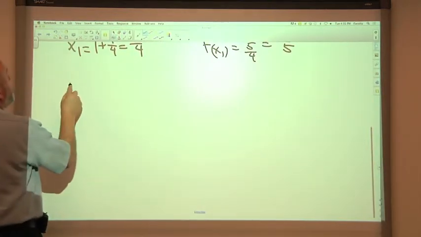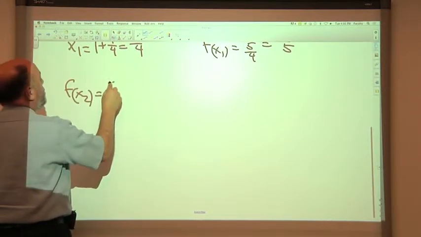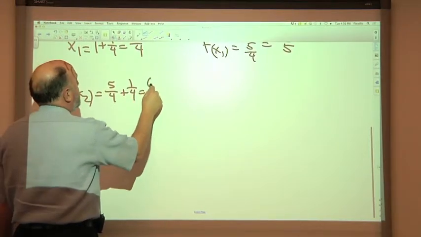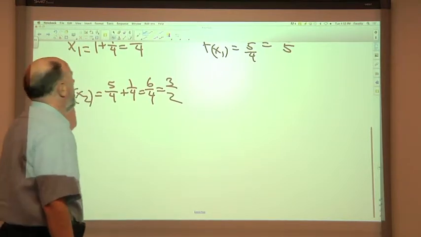f of x2: x2 is going to be 5/4 plus 1/4, which will be 6/4, which is also the same thing as 3/2.